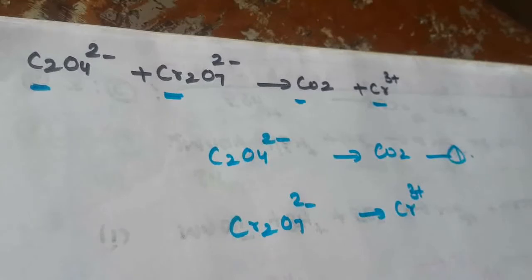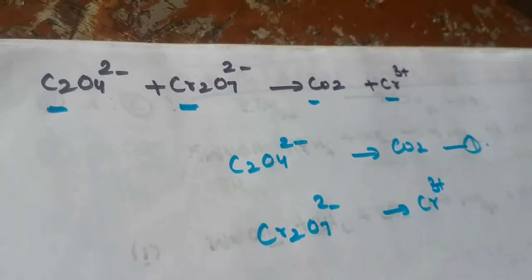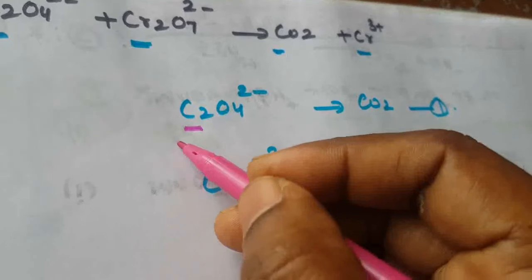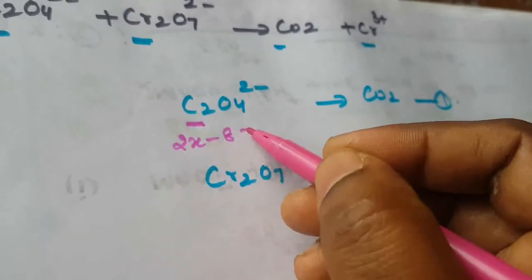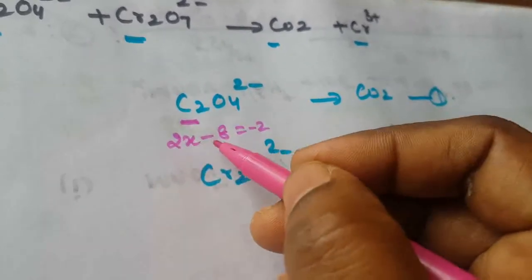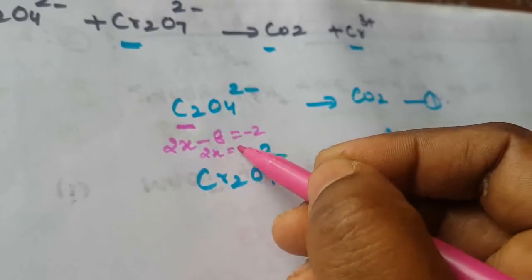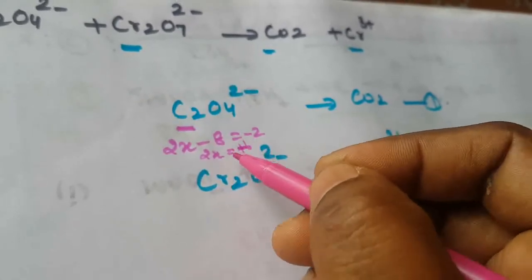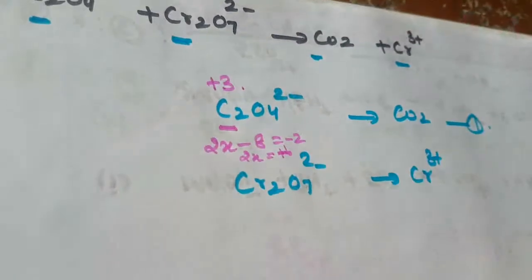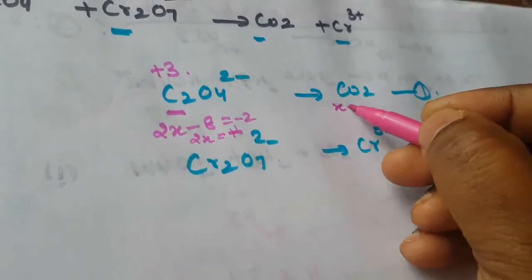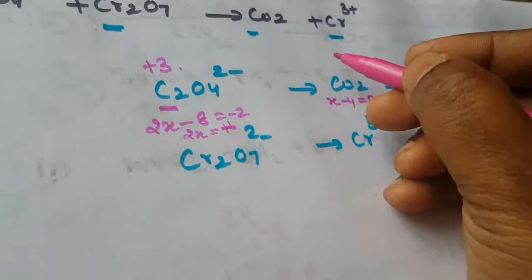Okay, so first one is, what is the charge? So how to calculate the charge of this equation? What is the charge of this carbon? 2x minus 8 equal to minus 2. So what is that answer? 2x equal to plus 6, x is equal to 3. So the oxidation number is plus 3, right? Here carbon is 4. So x minus 4 equal to 0, x is equal to plus 4.